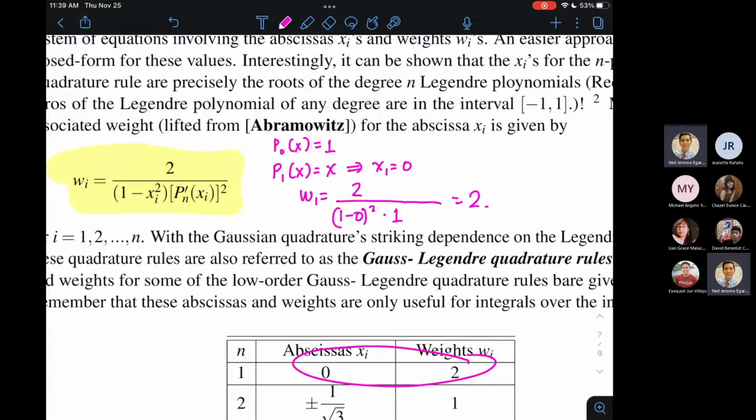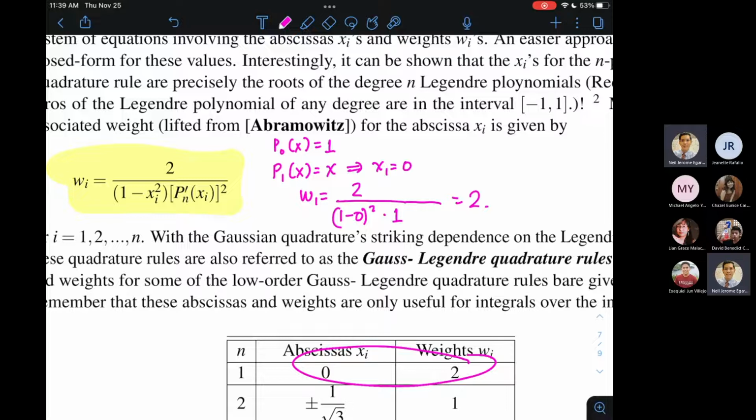All right? But since we know the Legendre polynomial is defined on the interval -1 to 1, of course the roots would be from -1 to 1. So if you want to use this Gaussian quadrature derived via the Legendre polynomials, you need to go back to the translation of the interval from -1 to 1 to [a,b].